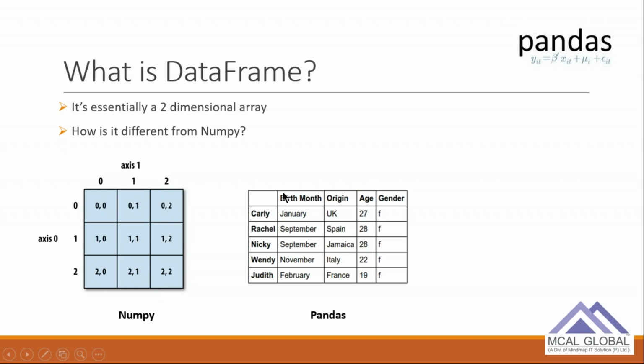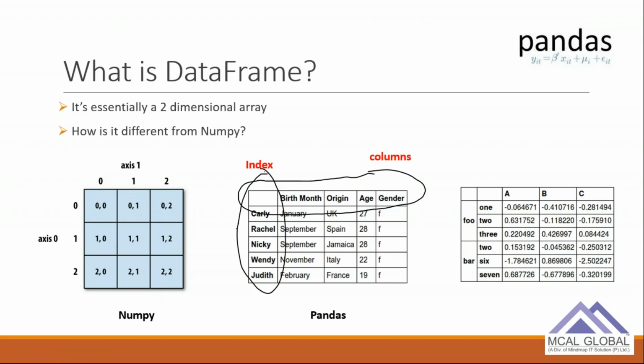It's kind of an Excel sheet. You have names on your rows, descriptions on your columns, and then there's the data. So index and columns. Now there can even be hierarchical indexes, so for example, one index can have 3 indices inside, and so on.